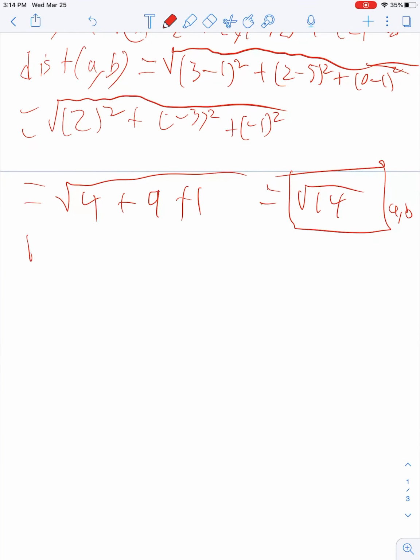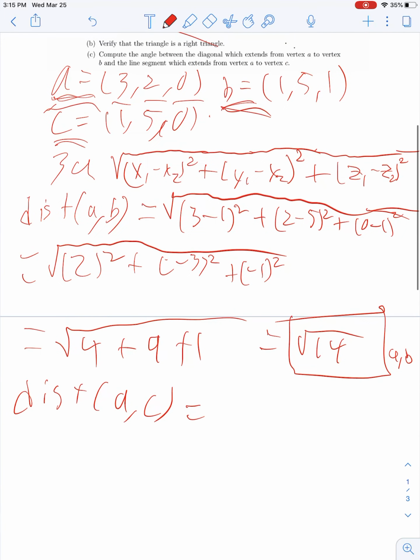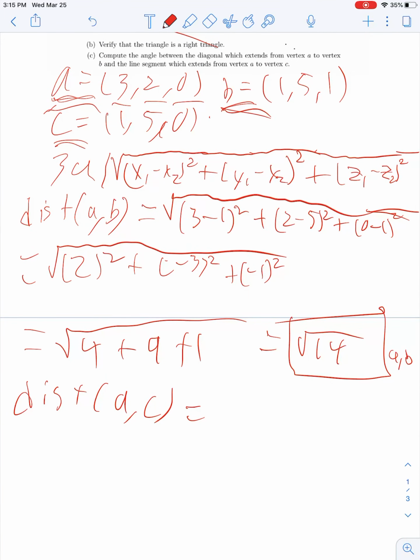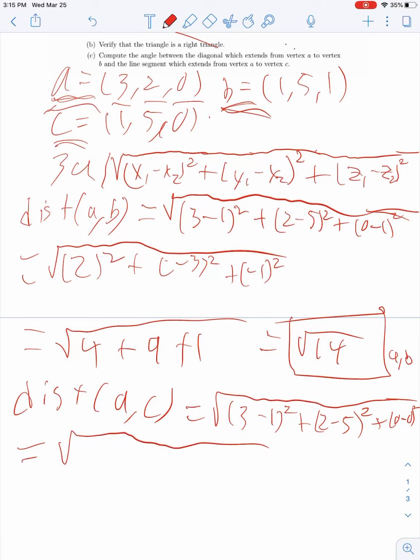So let's jump over to the distance between A and C. So that right here, we're going to plug into the same formula, but we're going to plug it in with these new values. So we get 3 minus 1 squared again, and then we get plus 2 minus 5 squared again, and then we get 0 minus 0 squared, which, surprise, surprise, is just 0.